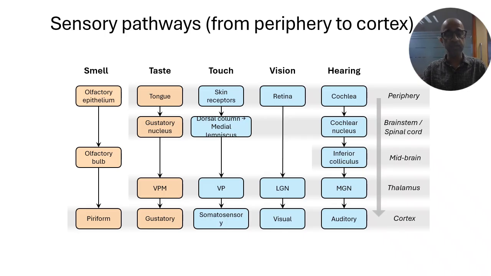And then finally, information from all these sensory modalities comes together in order to create this complex percept of the world. Towards the end of this talk, we'll see how your visual sensory modality affects what you hear and so on. So these different sensory modalities end up affecting each other.